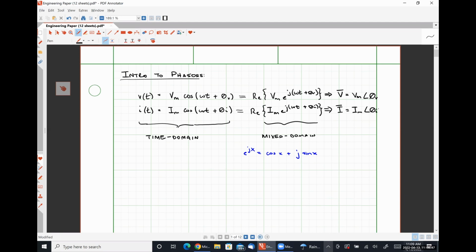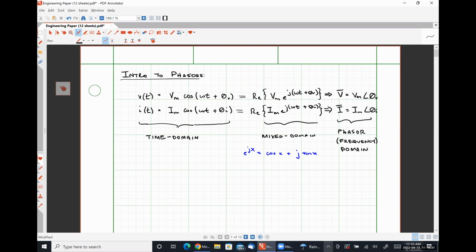So we are suppressing that redundant angular frequency information that's common to all signals. So these are our phasor quantities. And we sometimes refer to this as working in the frequency domain. So I'm going to use the terms phasor domain and frequency domain interchangeably. Okay.